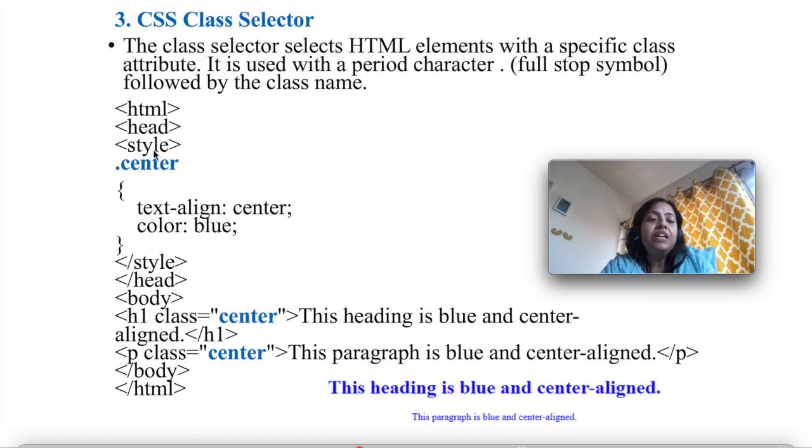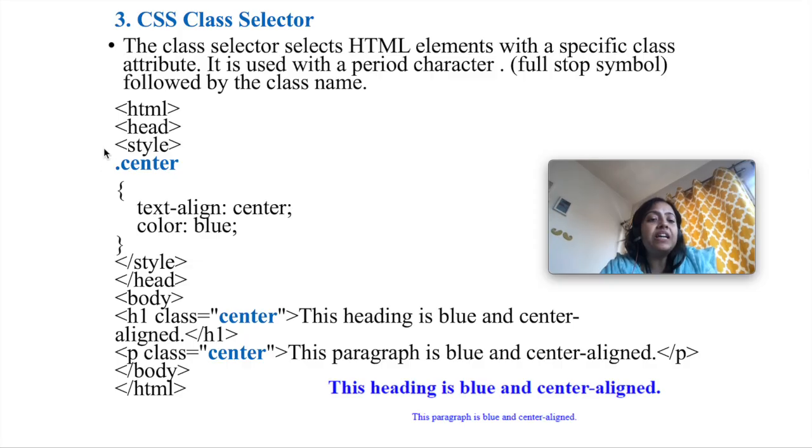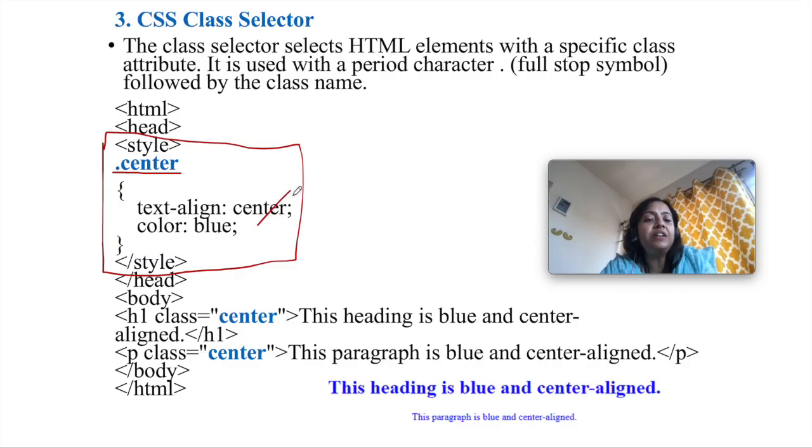For example, here if you notice the style tag, it has an element written with dot center. And we mention the style here, that is text align is center and the color is blue. Any tag with this class will have its style changed to whatever we have mentioned here.